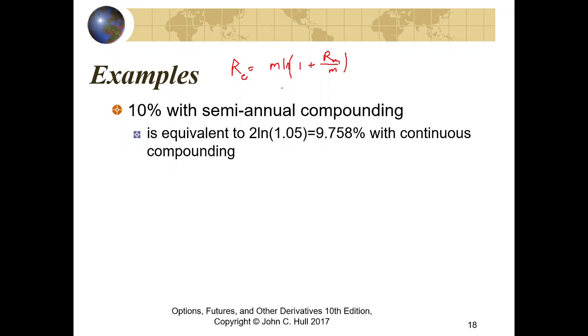We take the ln of 1.05 times 2. We will get the equivalent rate with continuous compounding.